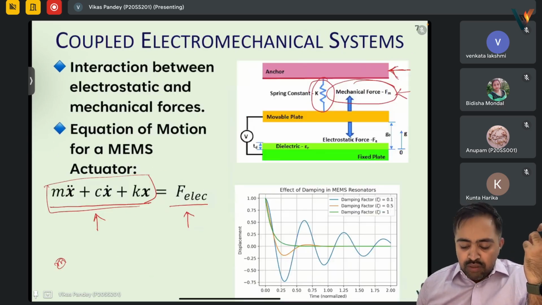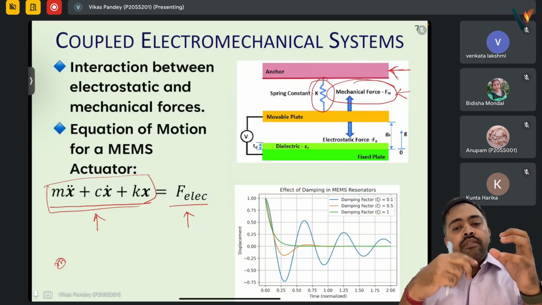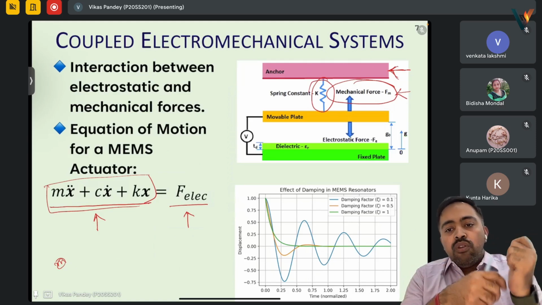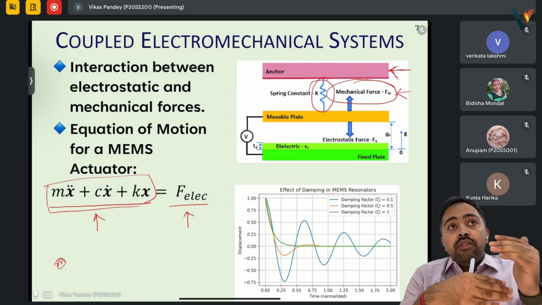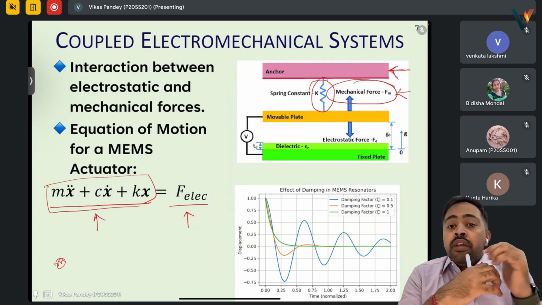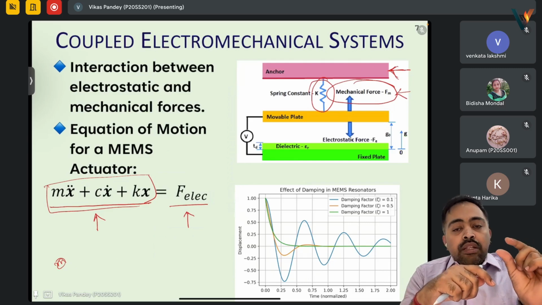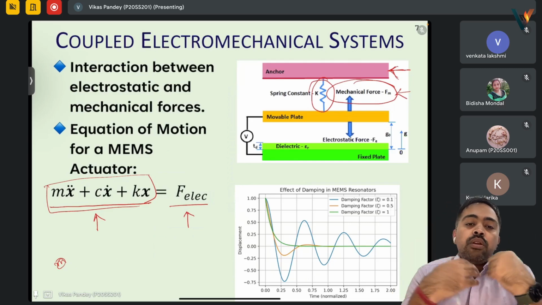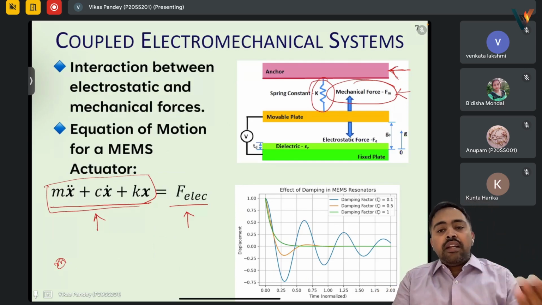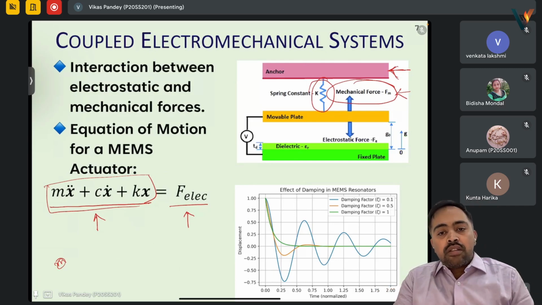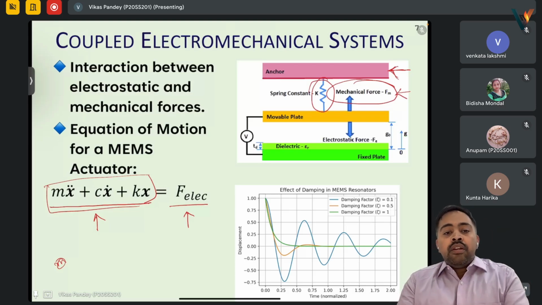Based on these components we can have different values of voltages that will determine the position. This electrostatic force will determine the position. This is when we are talking about actuation, where we want the cantilever or any other structural part of the MEMS device to move, to have some action.